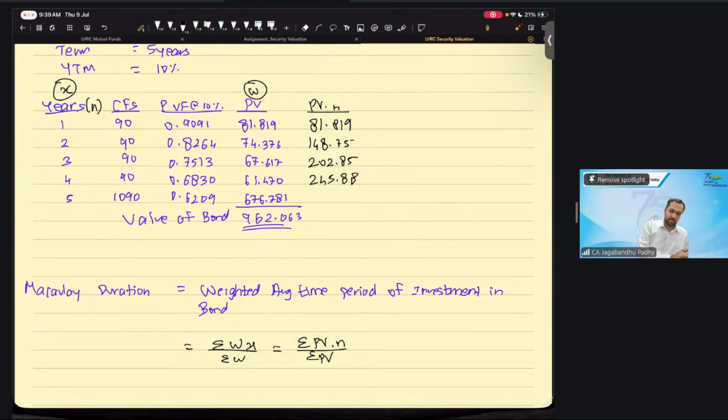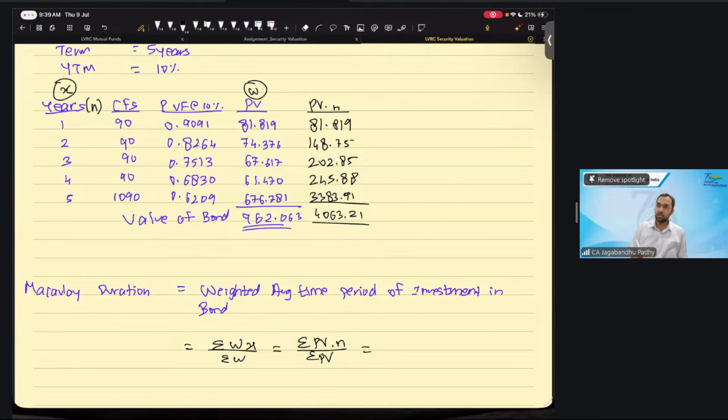Finally, 676.781 into 5, which is 3383.91. Take a total of all of them to get the numerator: 81.819 plus 148.75 plus 202.85 plus 245.88 plus 3383.91. This is 4063.21.